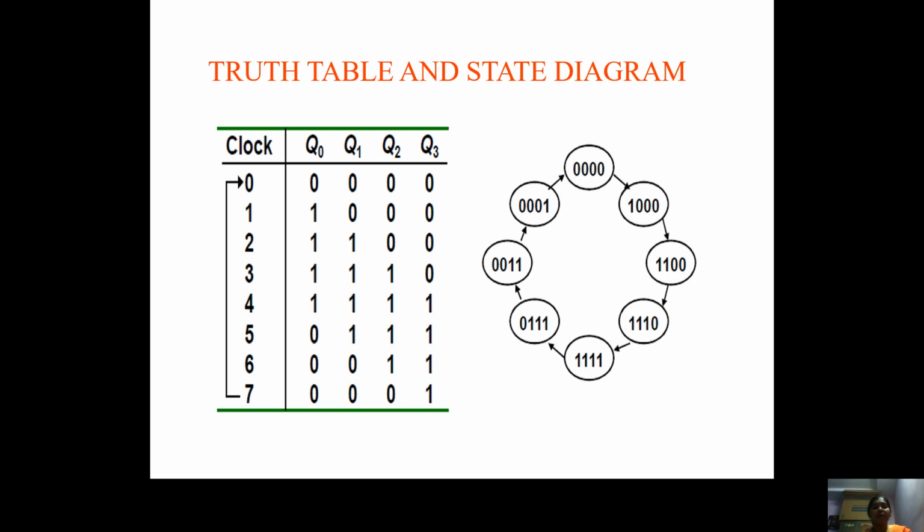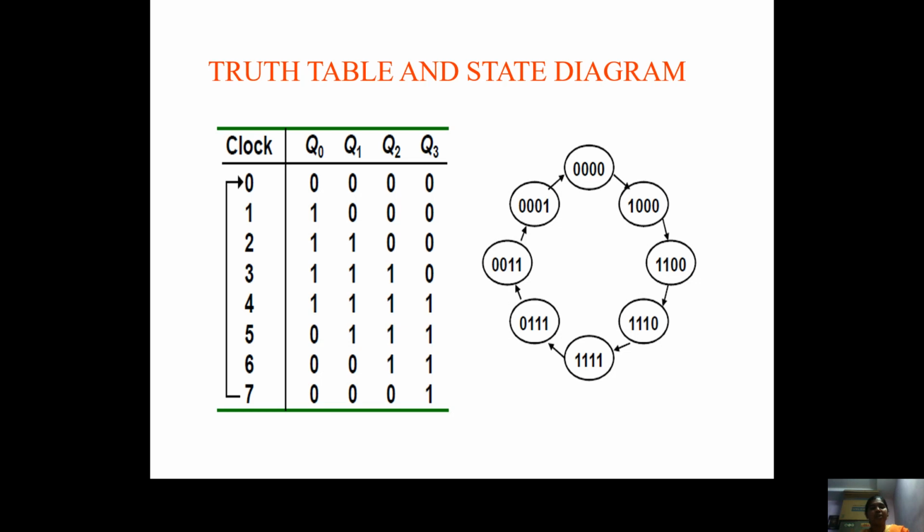Since Q0 is 1, and since it is a shift counter, the second flip-flop is going to be set and will copy the value 1. And what will happen to Q0? Since we have constantly applied the complement value, Q0 will remain 1.